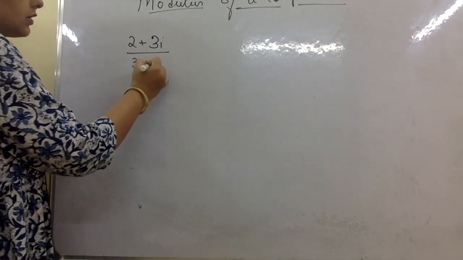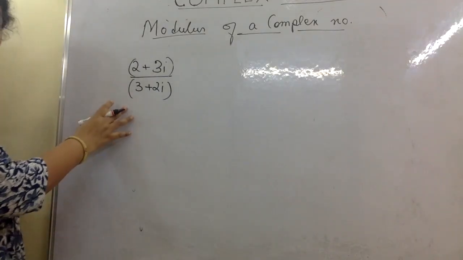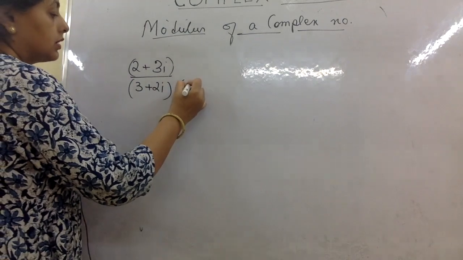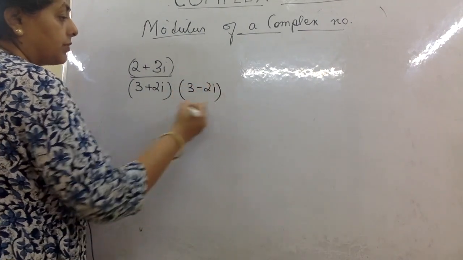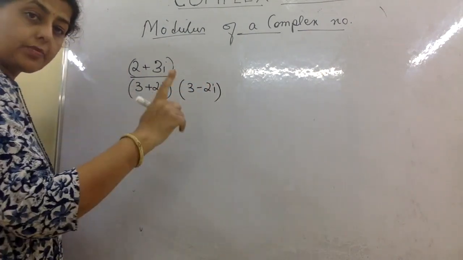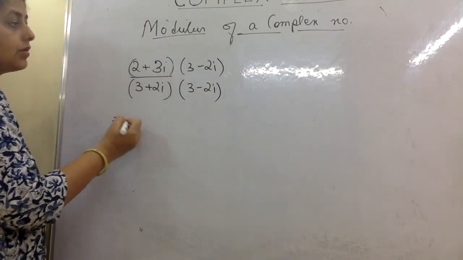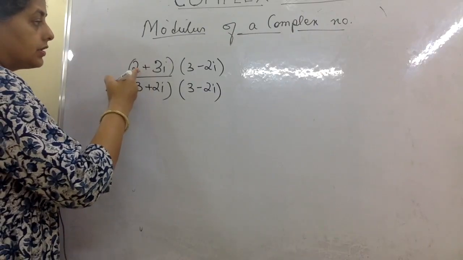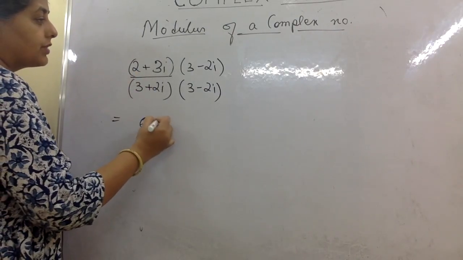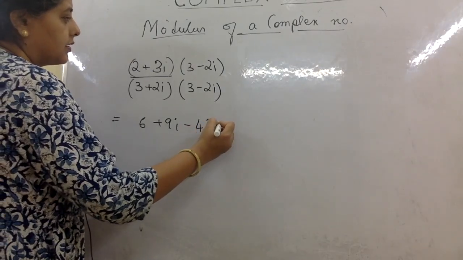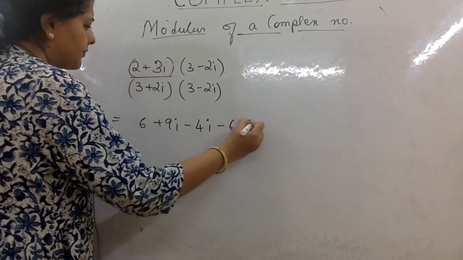3 plus 2i. We'll have to find the mod of this. So what we'll do is, here we'll multiply by 3 minus 2i, just to remove that denominator. Now how much do I get? If I multiply, I get 6 plus 9i minus 4i minus 6i square.